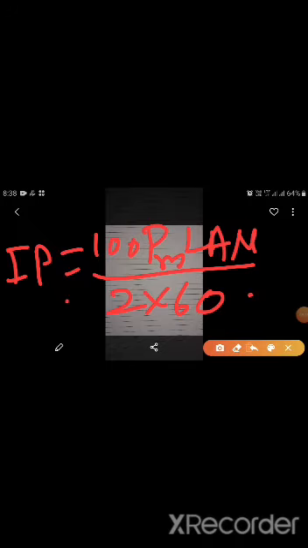Now you will see how it is written for the 2-stroke engine. IP equal to, once again, PM LAN divided by 60 here. 2 will not come here because in a 2-stroke engine, for every revolution 1 cycle is completed.